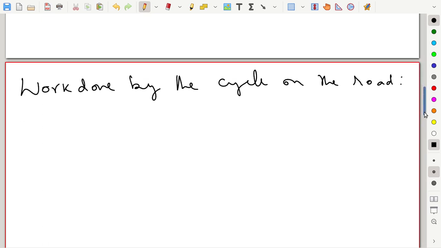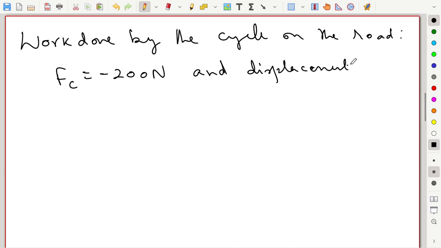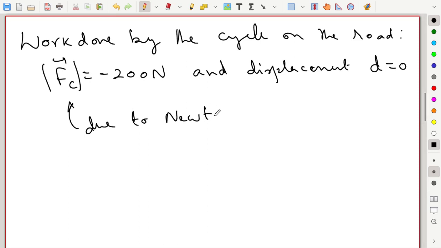The force due to the cycle on the road is equal and opposite. Therefore, it should be minus 200 newtons. And what's the displacement? Here the displacement is 0. So mod Fc, the force due to the cycle on the road, is equal and opposite due to Newton's third law. However, there is no displacement because the cycle doesn't displace the road.